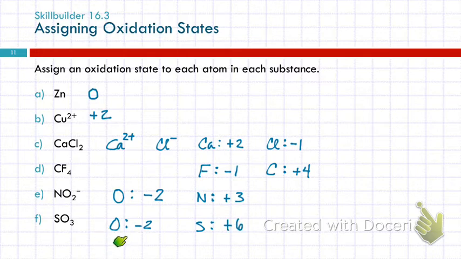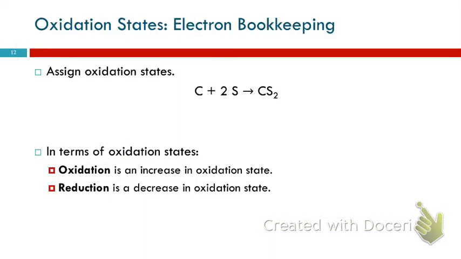Because there are 3 of these guys, they're each -2. So -2, -2, -2, that's a total of -6. This doesn't have a charge, so sulfur has to be +6 so that the oxidation states add up to the overall charge. Any questions? It's like some weird party game.